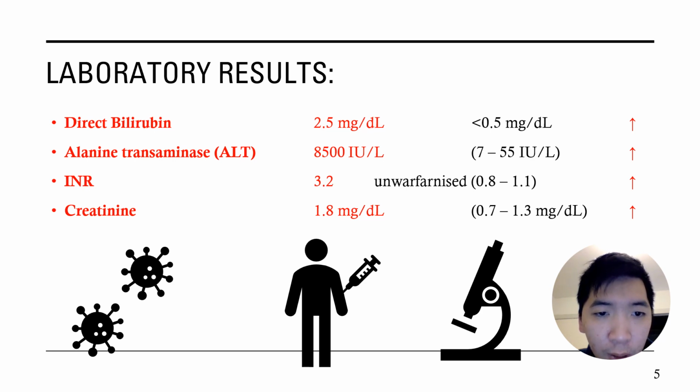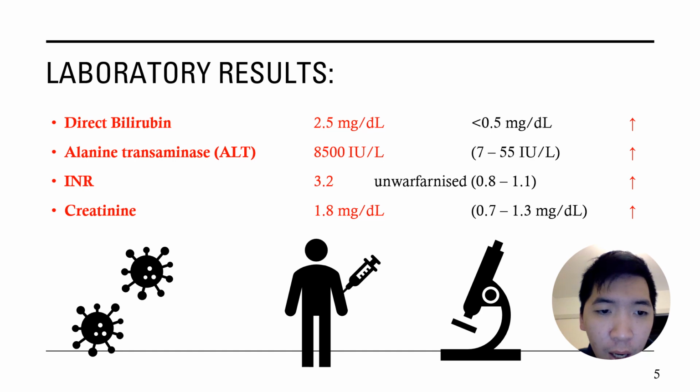The laboratory results have shown elevated bilirubin, meaning the liver is not functioning properly to break down bilirubin. Next, we can observe there is a significant derangement in the liver enzyme ALT, meaning there are some damages to the liver cells. A high INR in an unanticoagulated patient also suggests poor liver function as blood clotting proteins are made in the liver.